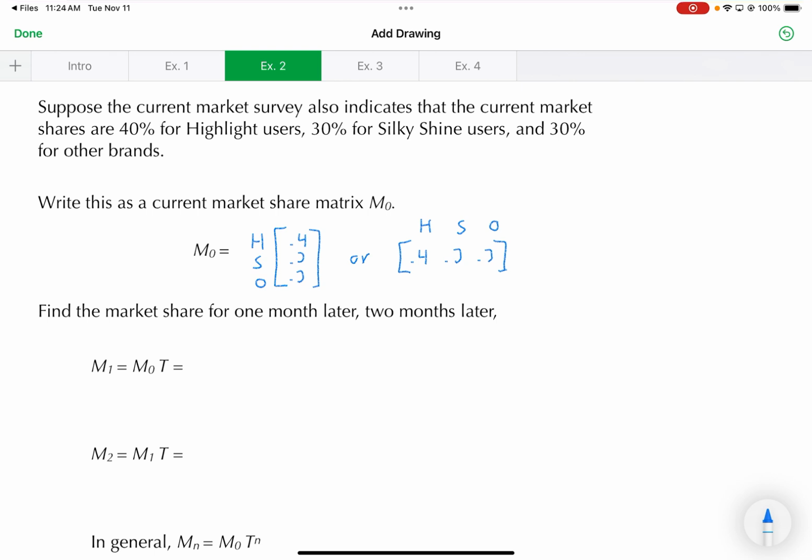We're going to end up needing the 1 by 3 for the matrix multiplication that we're about to do to work out as we need it.